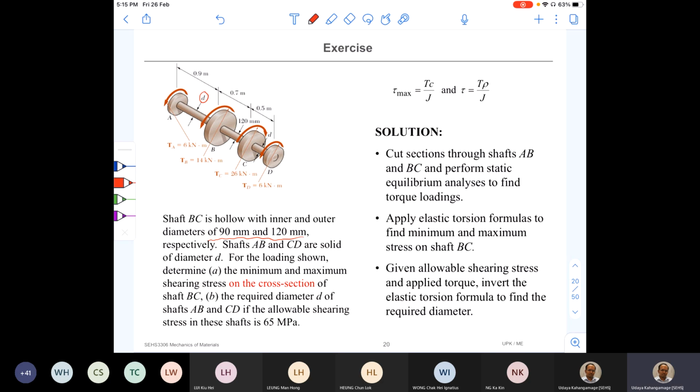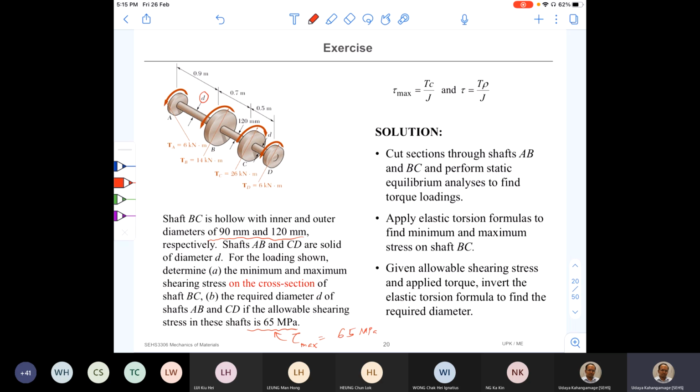Part B, the required diameter D of the shaft AB and CD if the allowable shearing stress in these shafts is 65 megapascal. So when you read this, you understand this is the maximum allowable, maximum shear stress should not exceed 65 megapascal.